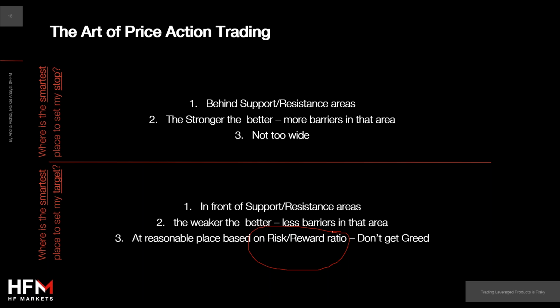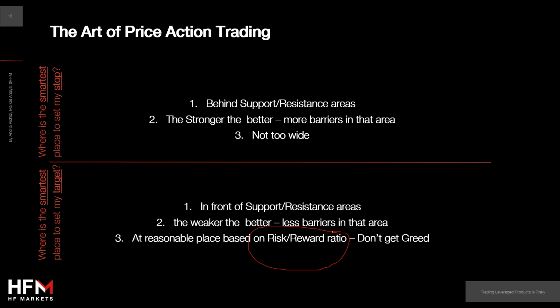If, like prayer, was using risk and reward ratio in order to set his stop loss and his target, that's more than welcome. Just don't get too greedy, okay? I mean, setting your target far away just to gain more, it's wrong. Set it at a reasonable place, okay?